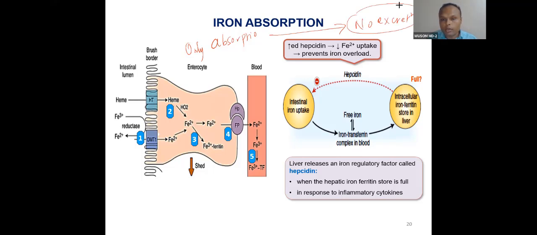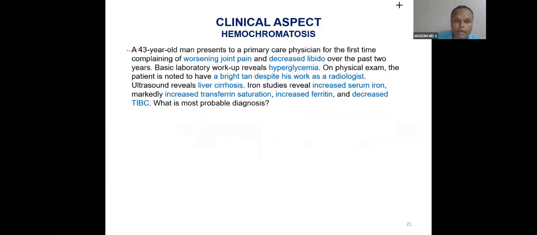This is a very important concept. Because of that, if iron is absorbed in very high quantity in our body, iron will be deposited in very vital organs. This is called hemochromatosis. So we'll see.